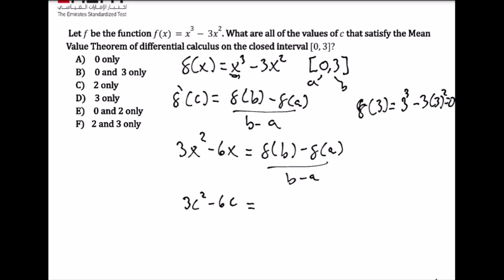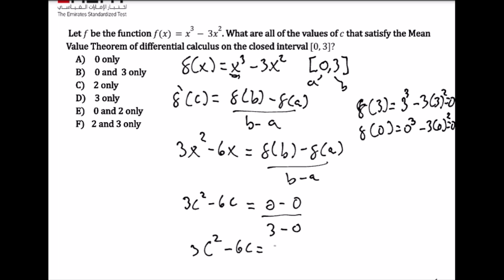For f of a, we do the same thing, but instead of 3 it's 0: 0 to the power of 3 minus 3 in brackets 0 squared equals 0. So now 3c squared minus 6c equals 0 minus 0 over b, which is 3, minus a, which is 0. So 3c squared minus 6c equals 0.